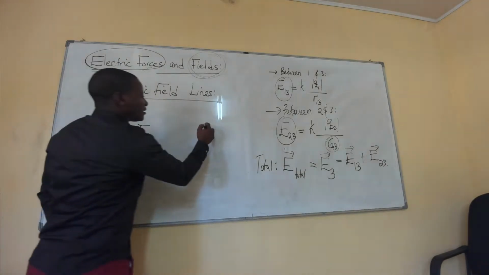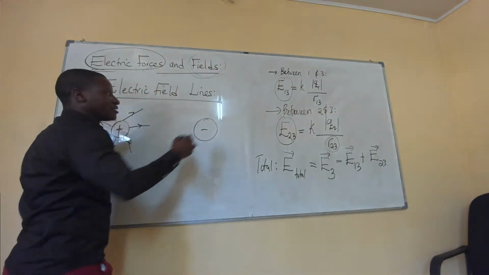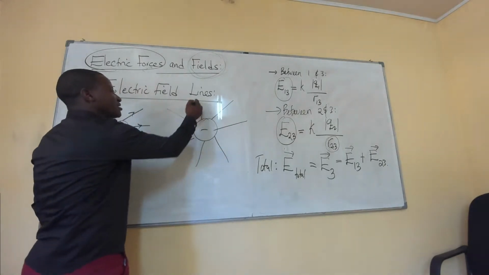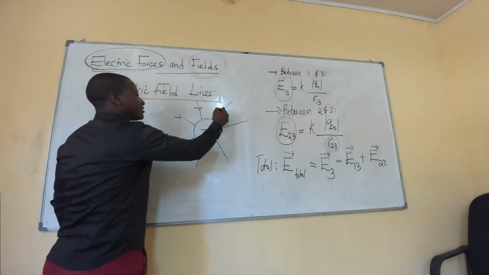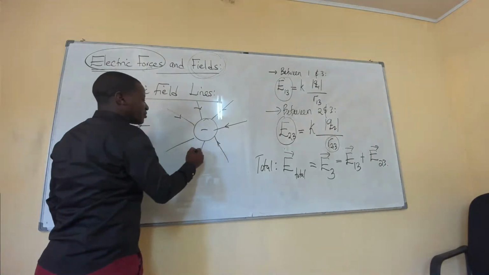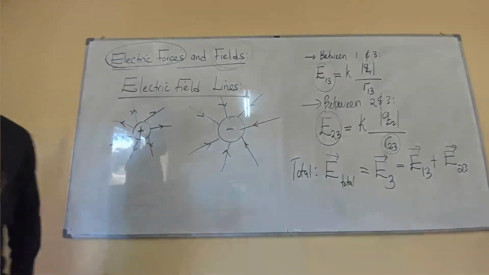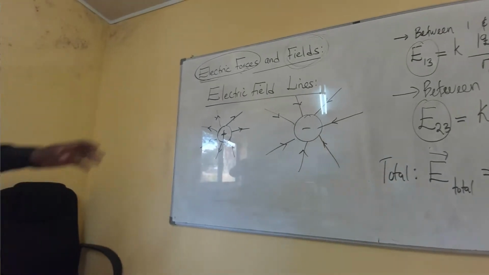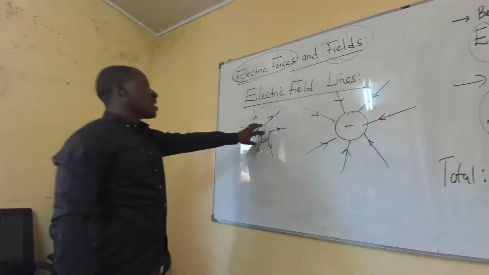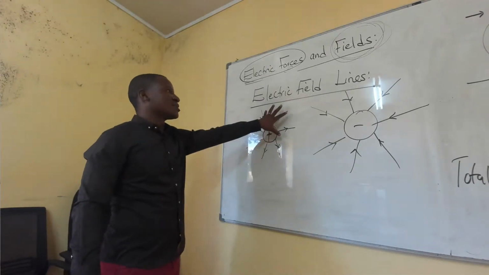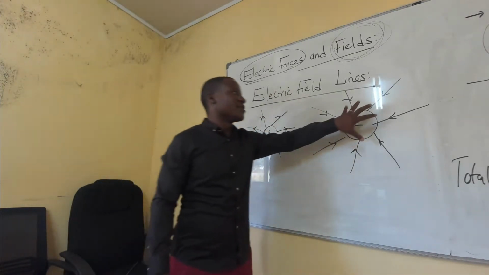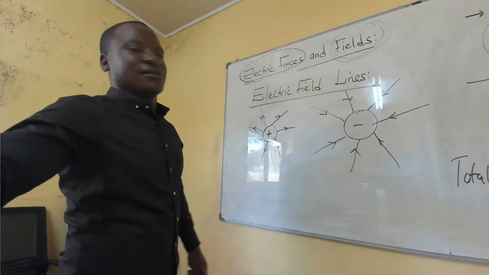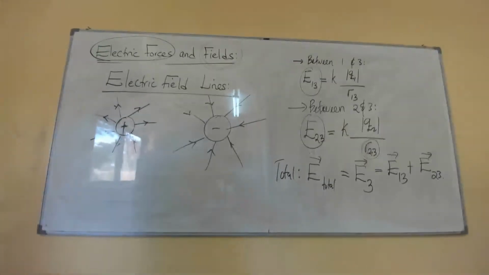If you have a negatively charged body, the magnetic field lines tend to be going inside in that way. So for a positively charged particle, they tend to be going out, and for a negatively charged particle, they tend to be coming in. So that is what is important.